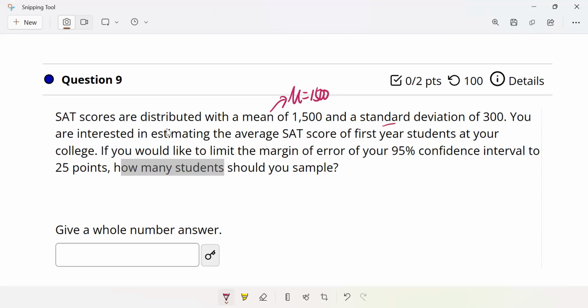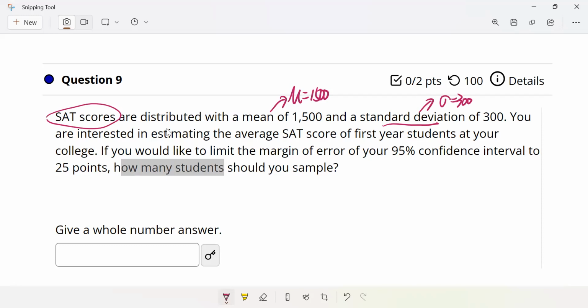And then we know the population standard deviation, right? This is a general statement saying that the mean of all the SAT scores is 1500 and the standard deviation for all SAT scores is 300. Sigma is 300. And you're interested in estimating the average SAT score of first year college students at your college.